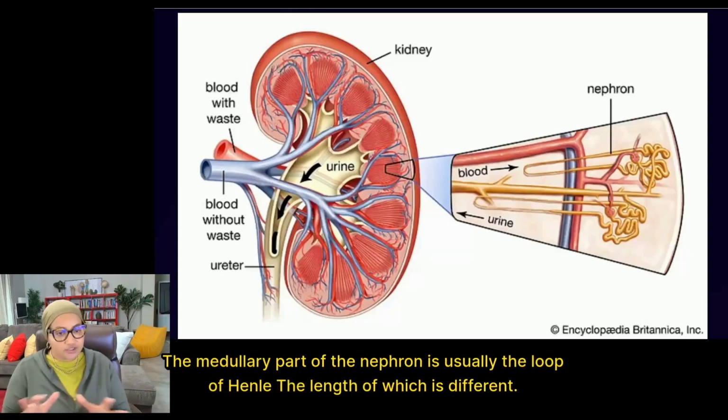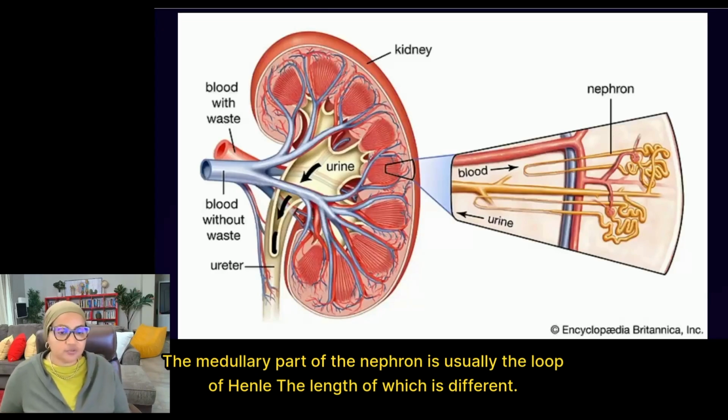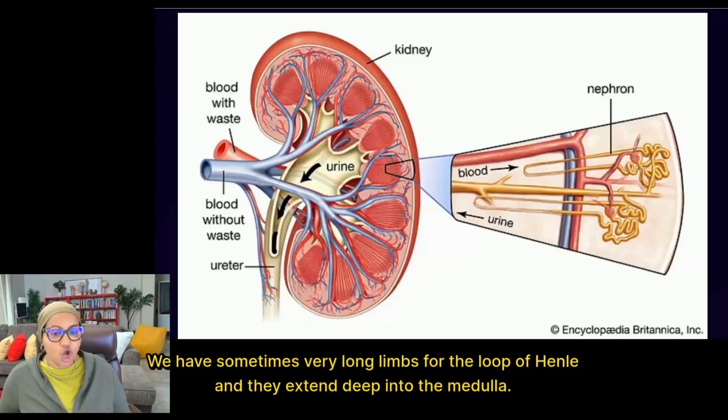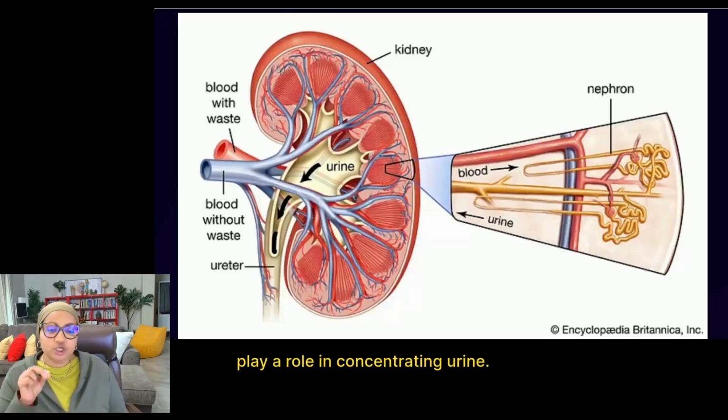The medullary part of the nephron is usually the loop of Henle, and the length of it differs. We have sometimes very long limbs for the loop of Henle, and they extend deep into the medulla. These types of nephrons actually play a role in concentrating urine.